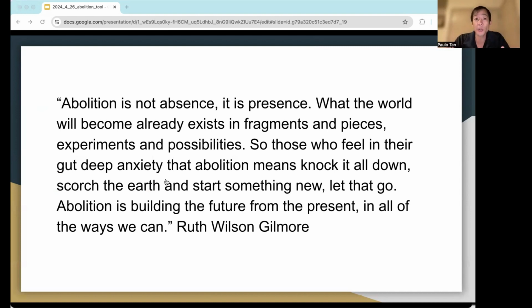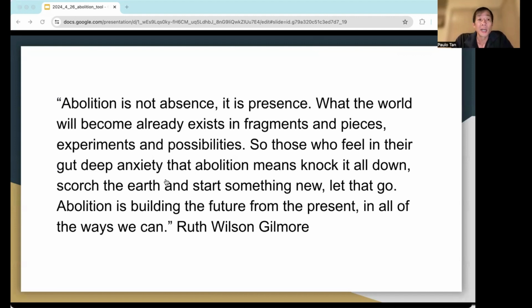Again, this is elementary math methods, focusing on what I feel are one of the most marginalized groups, which are disabled students of color. So this quote is by Ruth Wilson Gilmore, who is a prominent prison abolitionist scholar and thinker, and I think this quote captures well how I'm approaching abolition.